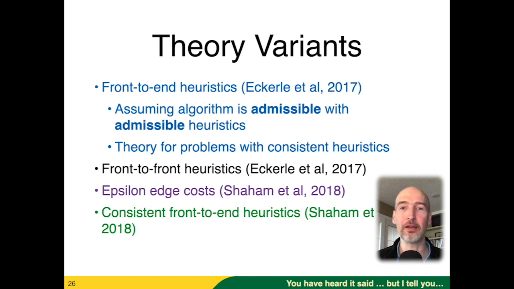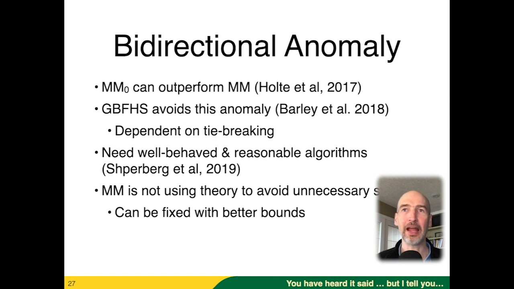And we can look and understand that fairly well, and that's where a lot of work has been going in terms of understanding. We have another paper that's appearing at ICAPS 2020 that is also looking at that case. But there's other work that's looked at these other cases, and we have to be careful because they're not always directly comparable. Now, there's something very interesting that happened. In 2017, there was an algorithm proposed called MM, meet in the middle.